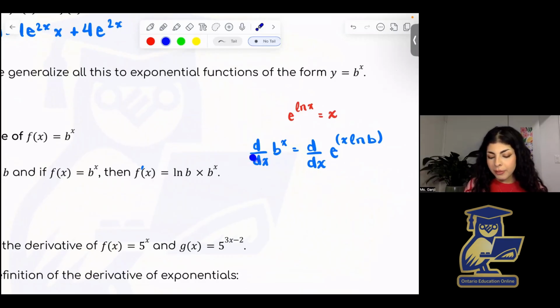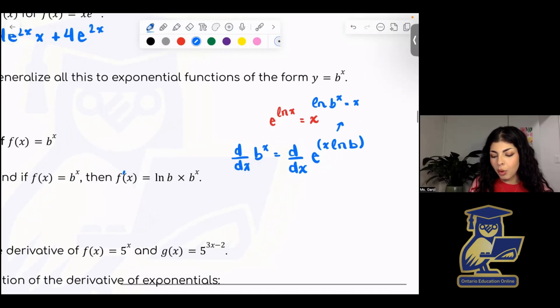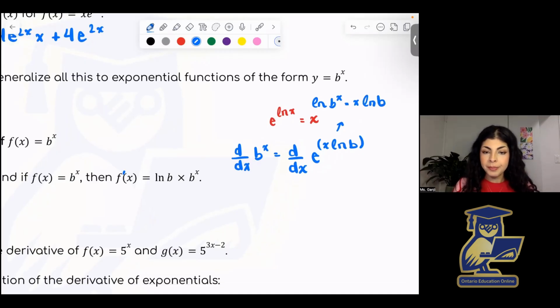So now, if I'm finding the derivative of b to the power of x, I can actually rewrite this as e to the power of x times the natural log of b. And again, this itself comes from the property of the natural logs, which tells me that if we have b to the power of x, and you take the natural log of this, then we can actually take x and multiply it, and then have the natural log of just b.